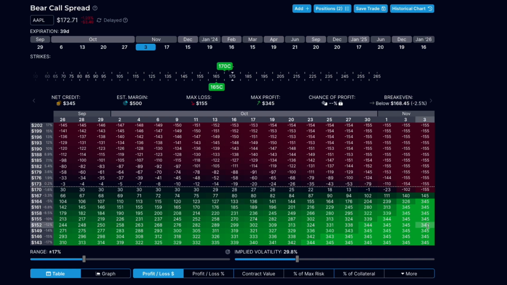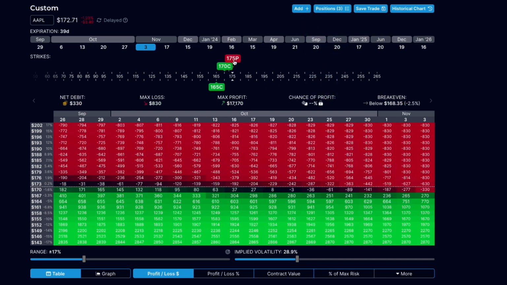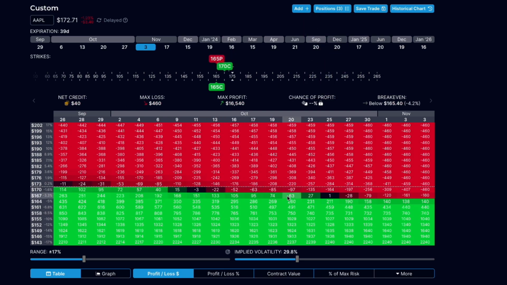So now what we did was we added a leg. We added a put at 165. Now see how this changed.